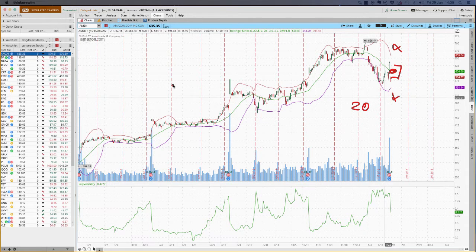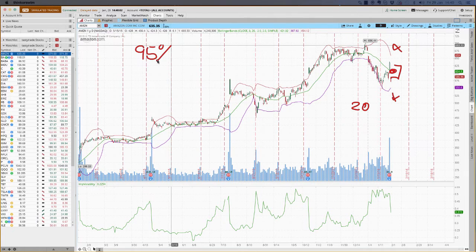Now we'll talk about standard deviation and distribution in a separate video, but just as a quick recap, what we know about standard deviations and the bell curve is that 95% of all data points are contained within two standard deviations.